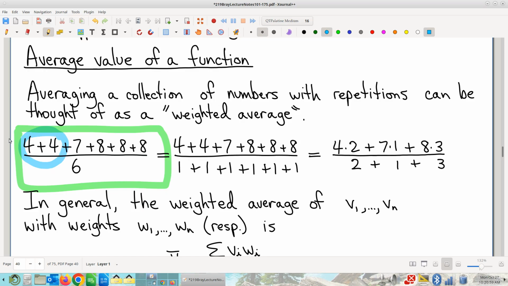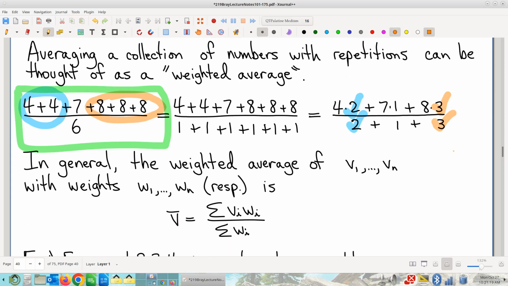Now, if you look at the arithmetic equation that follows, there's no tricky curves in that arithmetic. But you notice that 2 shows up like so. And then likewise, we are including 8 3 times. And again, you see how that 3 shows up here. So this is called a weighted average.